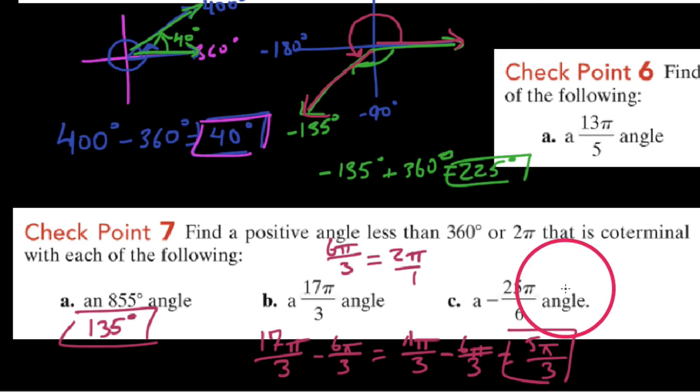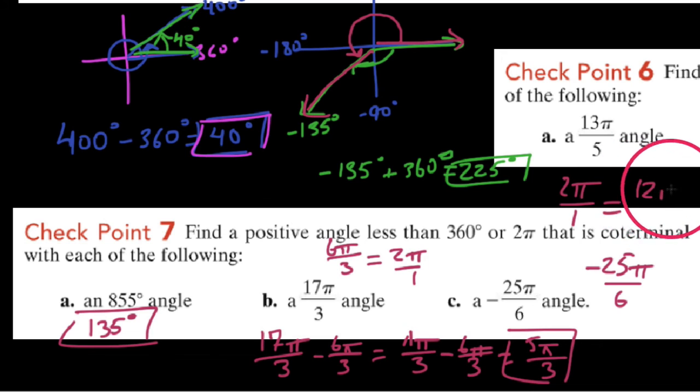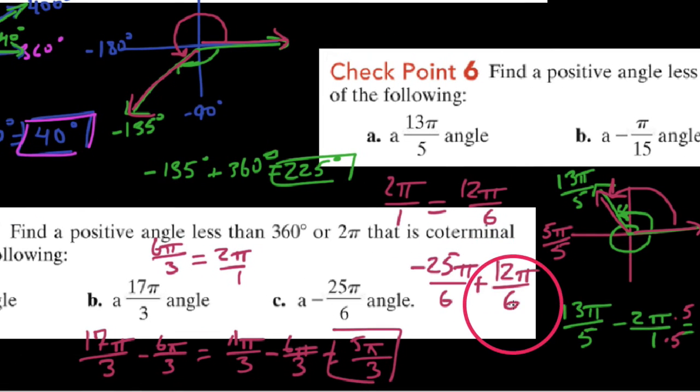And then with respect to this negative coterminal angle here, we have negative 25 pi sixths. Well, what we're going to want to do is add on increments of 2 pi until we get to something that is positive but less than 2 pi. So keeping in mind that if we're dealing with sixths here, 12 pi sixths would be the same thing as 2 pi. So if I'm going to add on 2 pi, I'm really adding on 12 pi sixths.